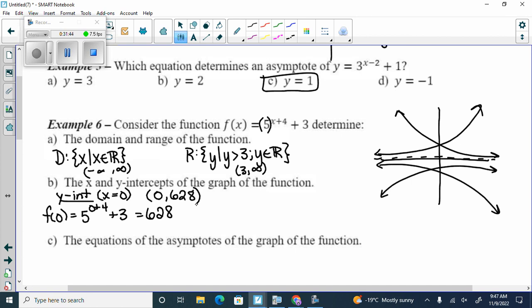The x-intercept is often where you're going to have to do some log stuff, because you're going to try and get the exponent down. So for the x-intercept, y equals 0. The x-intercept is always harder to find. So we're going to go 0 equals 5 to the x plus 4, plus 3. What's the first thing I'm going to have to do? Subtract the 3.